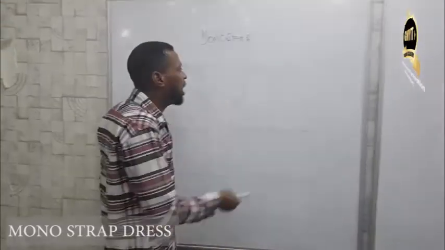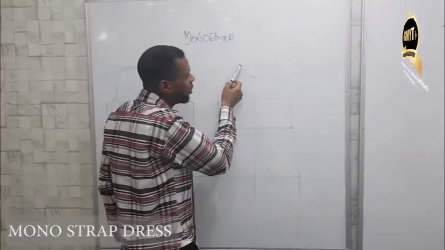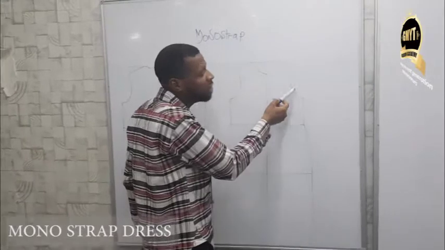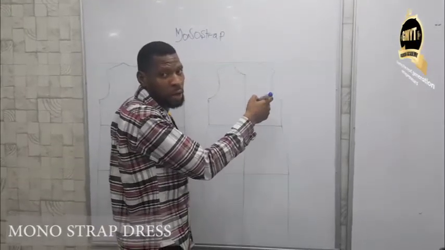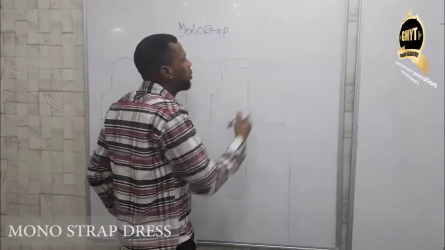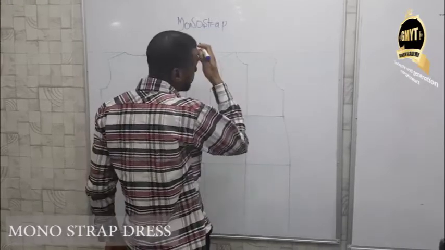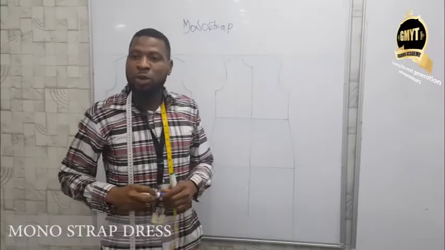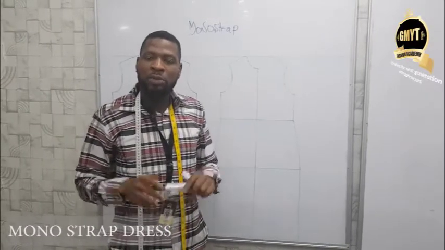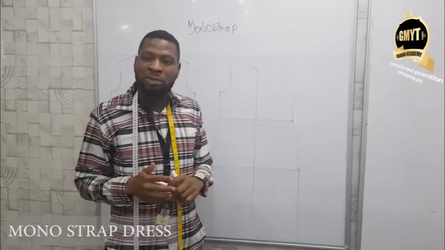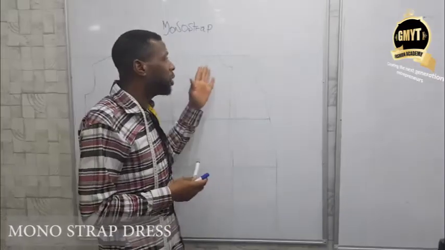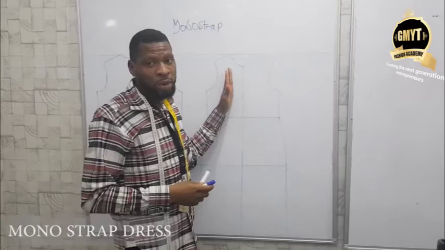The reason is that you can't connect the neckline shape into the armhole, as that would give us a different kind of style. For those of you that have checked our neckline video that was sent to the freshers group, it will also guide you on how to interpret your style on the monostrap as well.